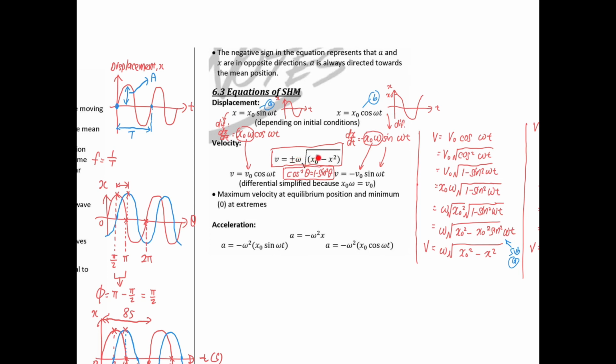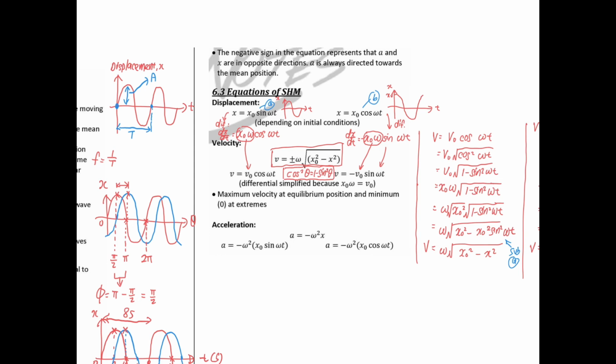Imagine the x naught you have square and then you square root, it becomes x naught. So omega x naught is maximum velocity. At the mean point, when this is 0, you will get plus minus omega x naught. That is maximum velocity. The minus is also maximum velocity.